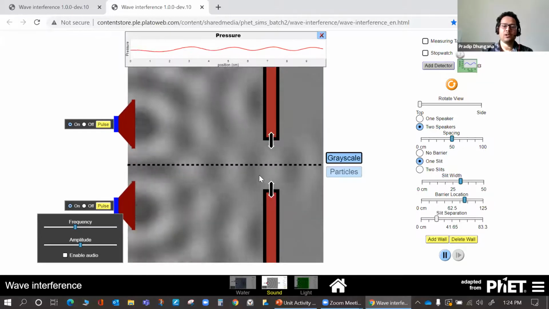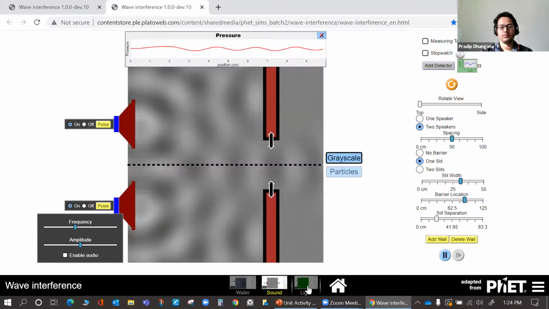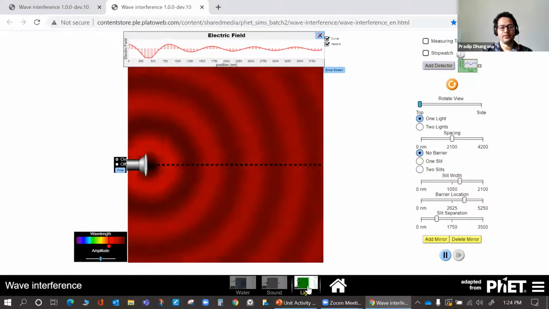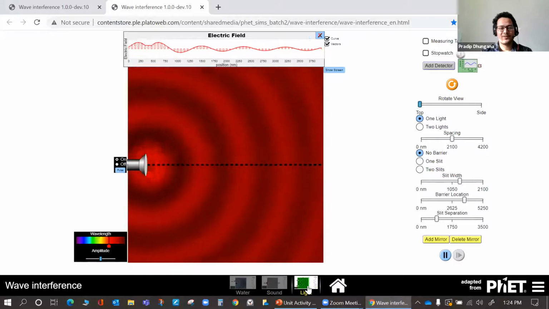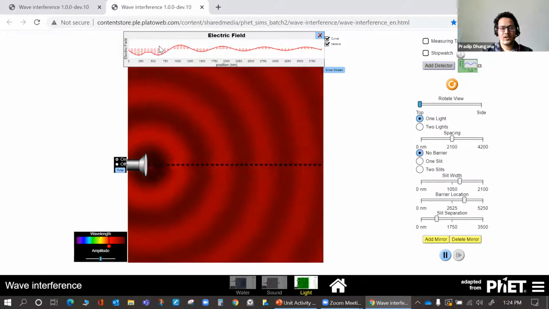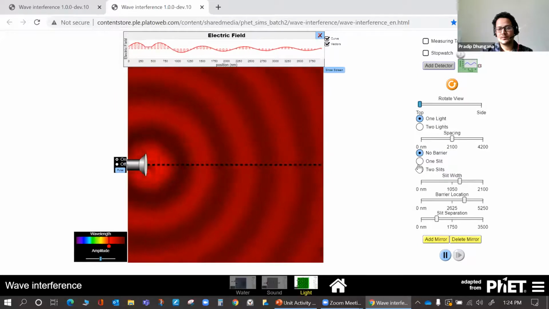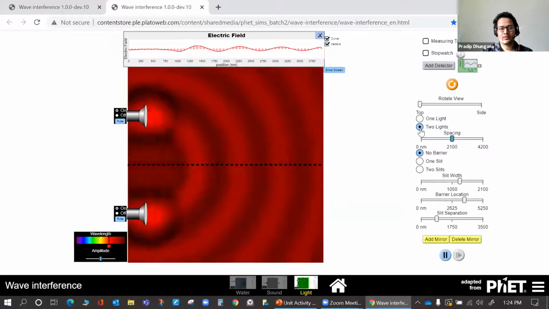And then let's complete all those things in the case of light waves as well. Let's see if we see any difference. This one is so interesting, look. We see concentric circular waves. And when the light travels farther away from the source, its amplitude decreases. You can see that. Now let's put two light sources.